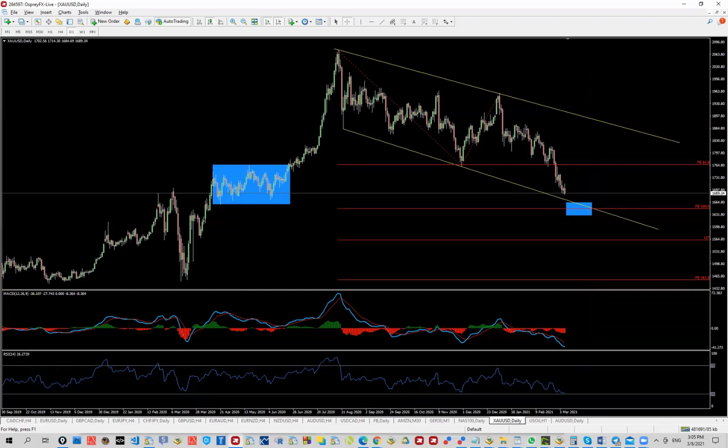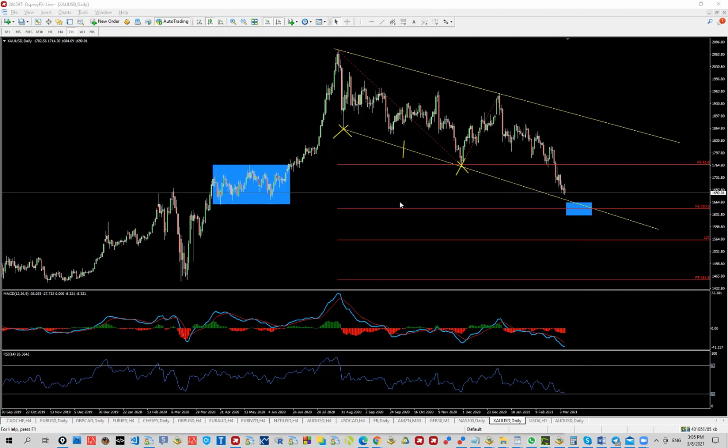Then we have the 100% Fibo expansion, which is this one right here, from the bigger wave that was first created starting somewhere around, was it August 2020. And then we have this alternative trend line coming from these lows.